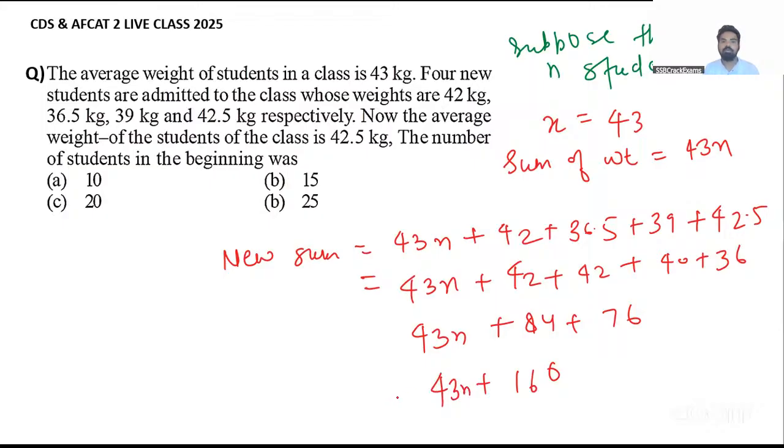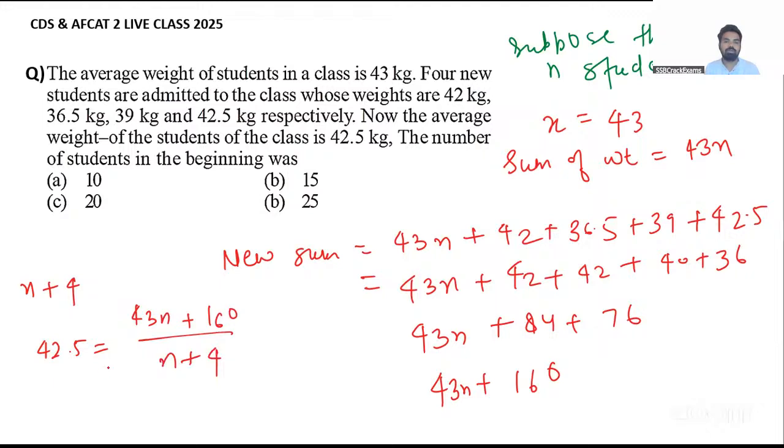Now the average weight of the student is 42.5. Suppose initially there were n students, then the new number of students is equal to n plus 4. So the new average, 42.5, is equal to 43 n plus 160 divided by n plus 4.